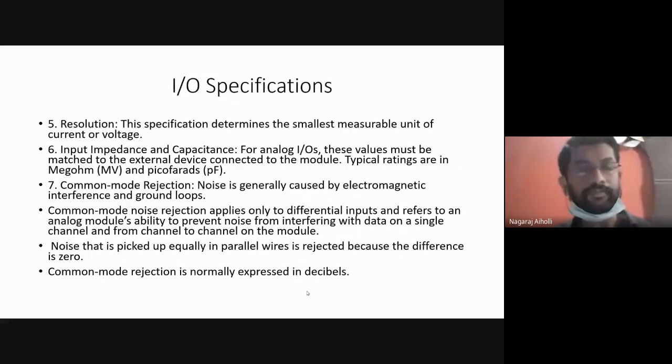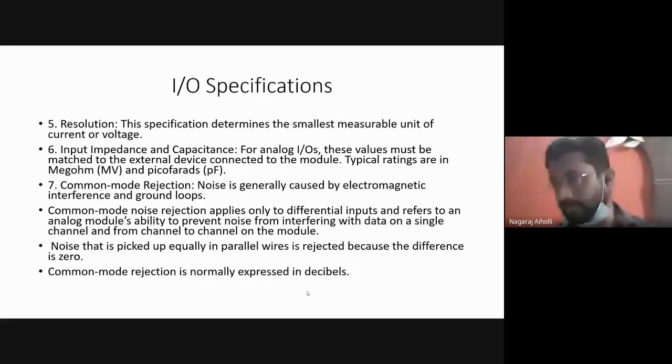Common mode rejection. This common mode rejection is required because there is noise signal present in the IO modules. This noise signal may be due to electromagnetic interference we discussed in the previous class, taking place from the nearby circuit.